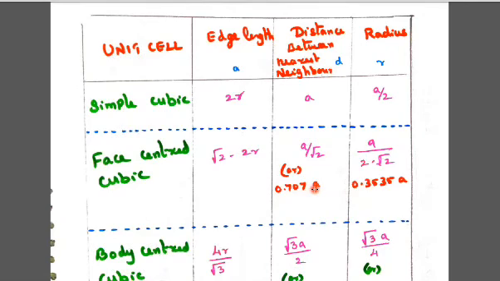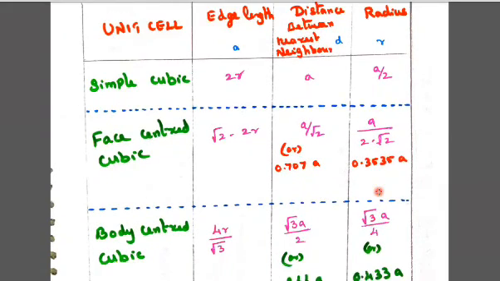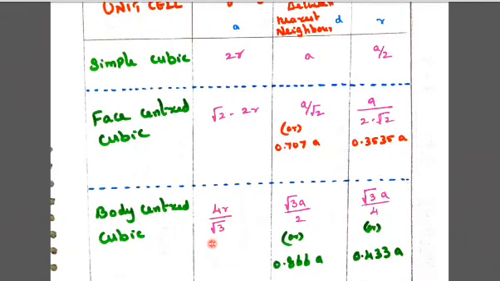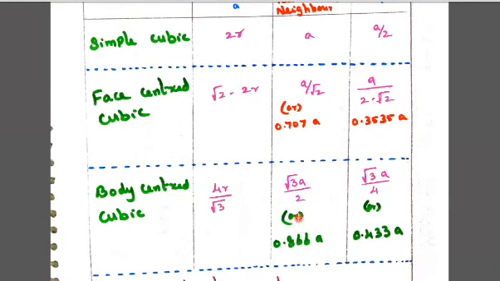I have written it in a very simple manner: if the question asks to find the edge length, we can find it using the neighbor value. It is a shortcut method to reduce the root 2 values. Here r is a by 2 root 2, that is 1 by 2 root 2, value 0.3535a. For body centered, 4r by root 3 is the edge length value, the neighboring distance is root 3a by 2, or root 3 by 2, value 0.866a, and the radius is root 3a by 4, or root 3 by 4, value 0.433a.